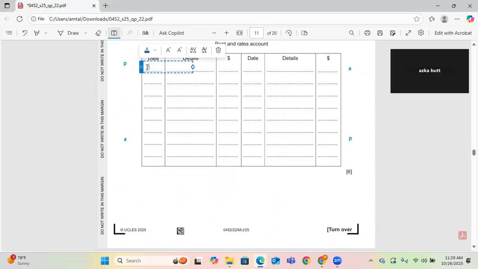Okay, so let's write it here. This is 2024, April 1st, and that's balance BD. And the same thing we will be doing here. 2024, April 1st, and balance BD.